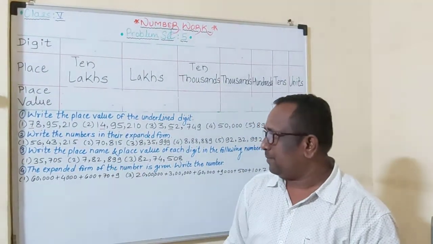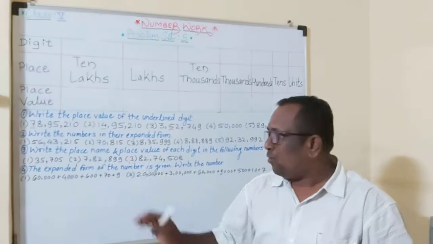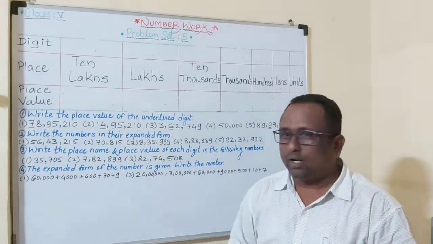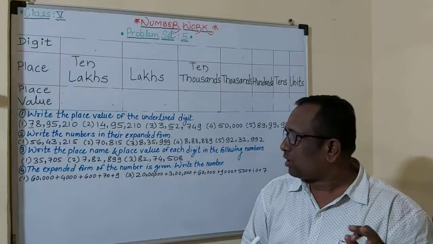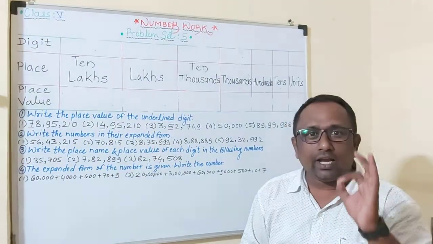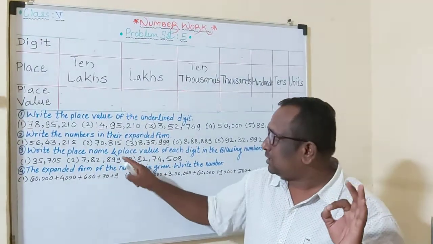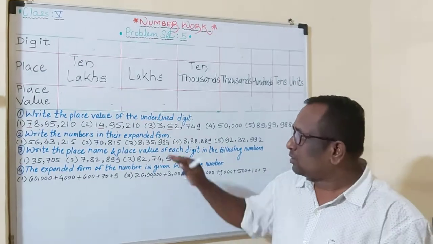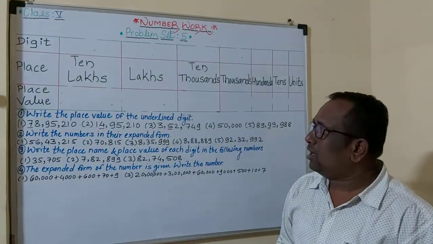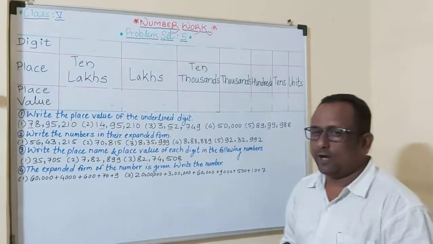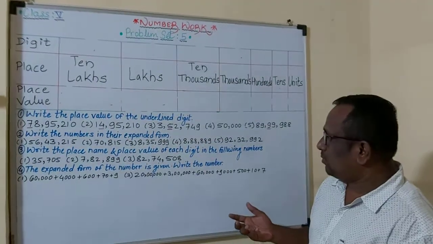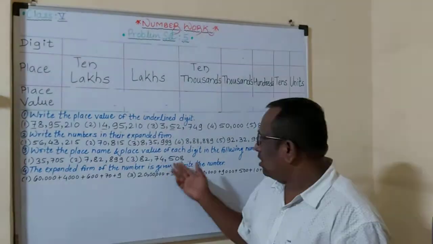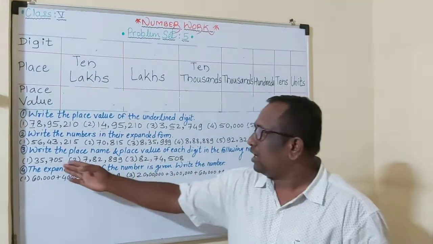Whatever number is given here, we have to write each and every place name and then the place value. We will use our Khichdi chart again. Okay, the first one.